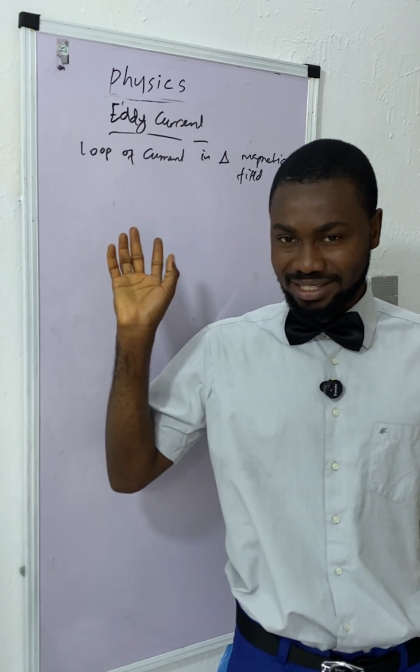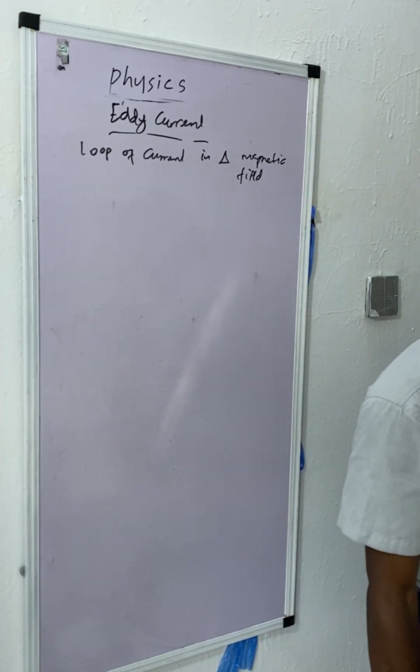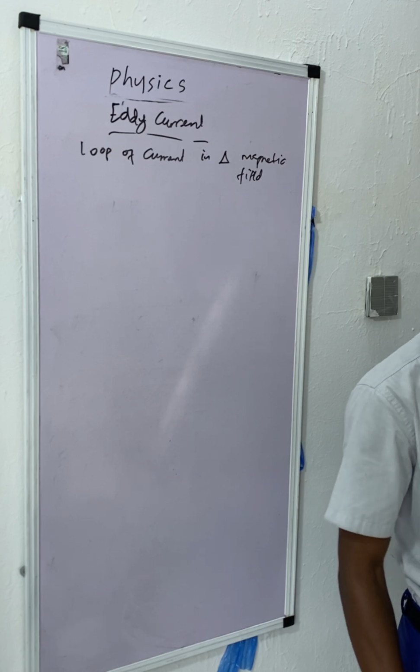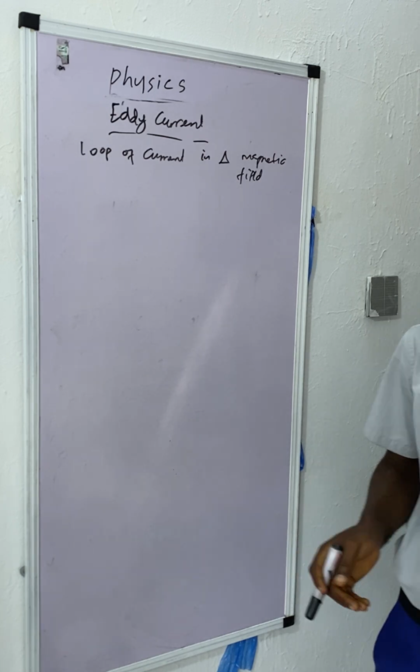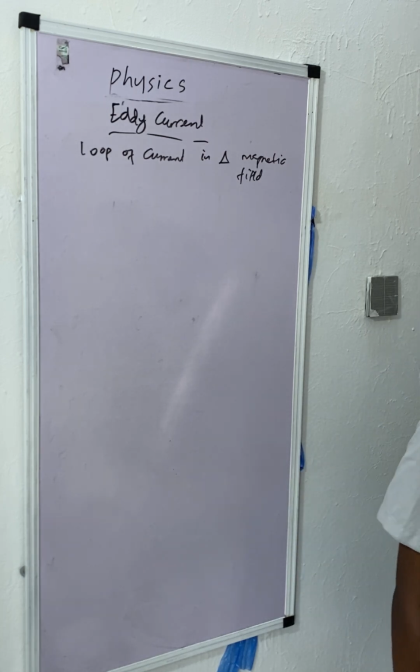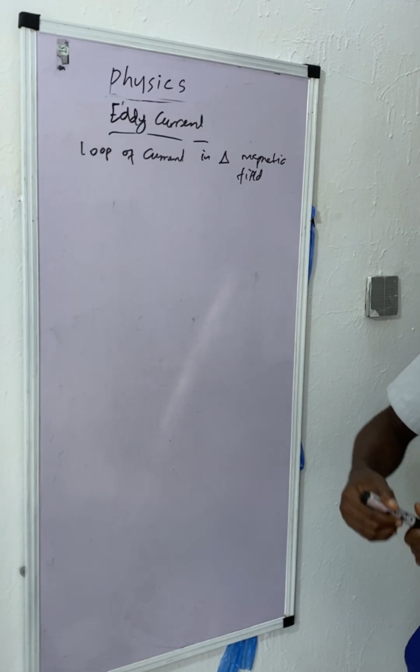Is eddy current a good thing or a bad thing? It is a good thing. So how do we reduce eddy current loss? But first, let me give you the applications of eddy currents.